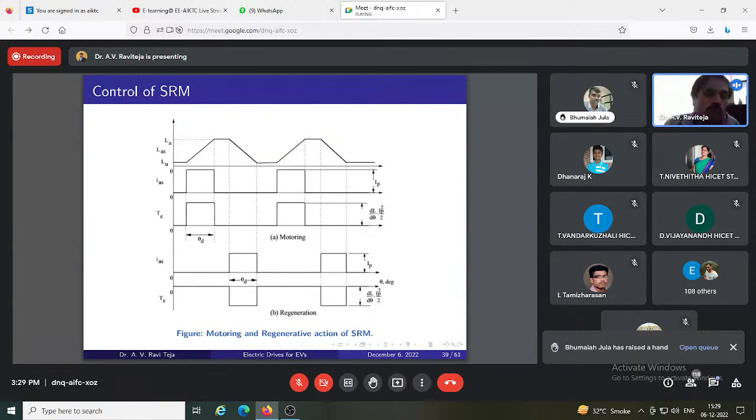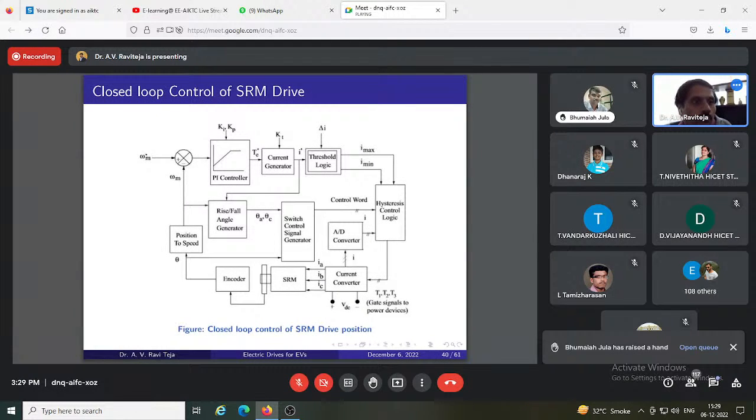So when I know the position only, I can determine which phase is in the positive slope region, so that I can send some current in that phase and I will get a torque. So first I have to get the theta.